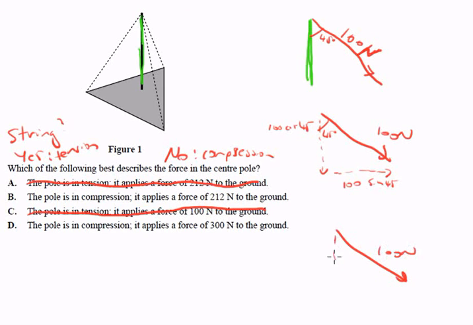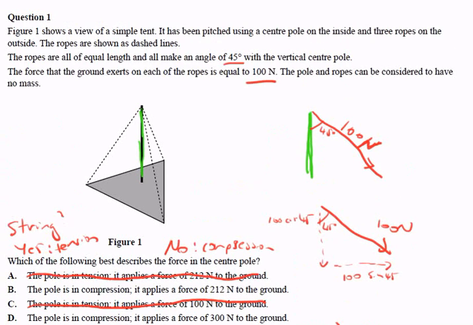It's like saying you've got 71 newtons that way and 71 newtons that way. So that's what the 100 cos 45 and the 100 sin 45 give, 71 and 71.